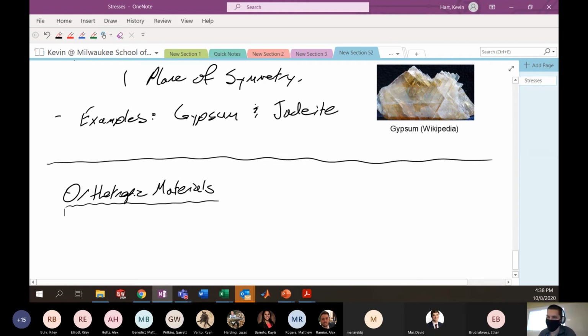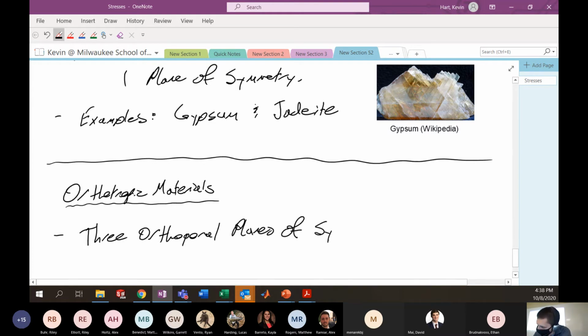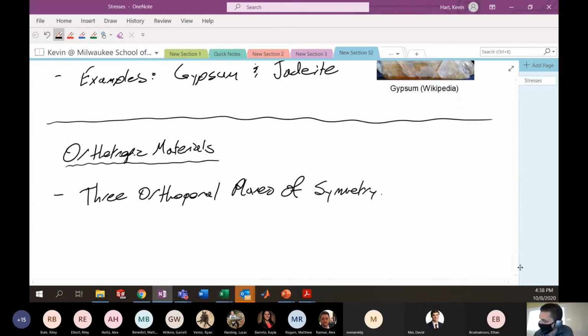RAR! Okay. Orthotropic materials. An orthotropic material, remember by definition, has three orthogonal planes of symmetry. Okay?